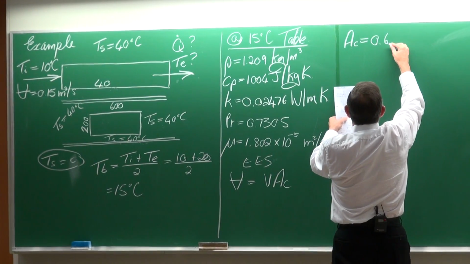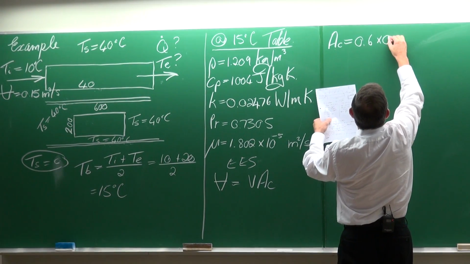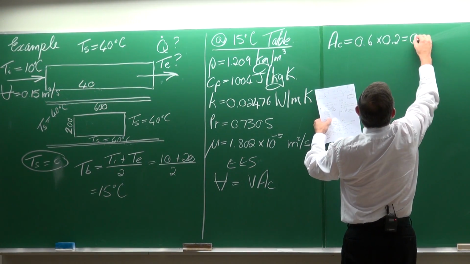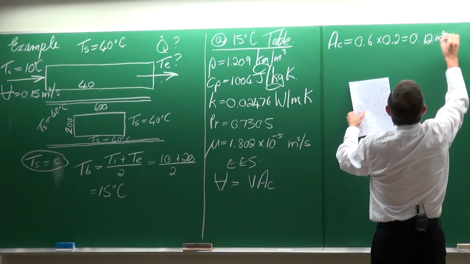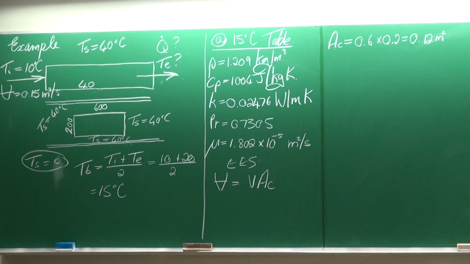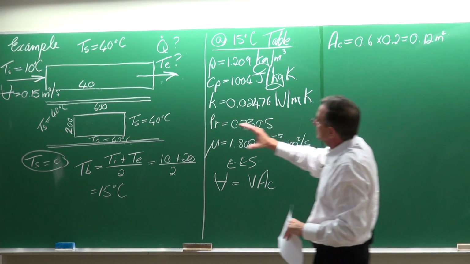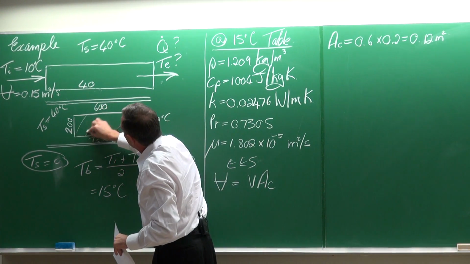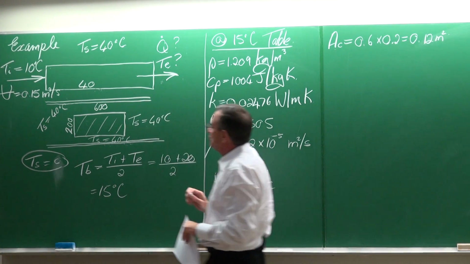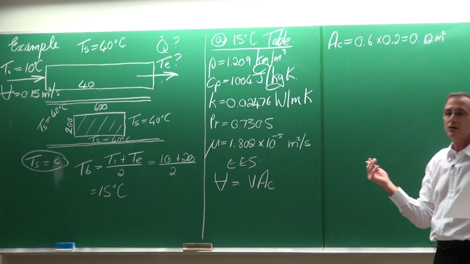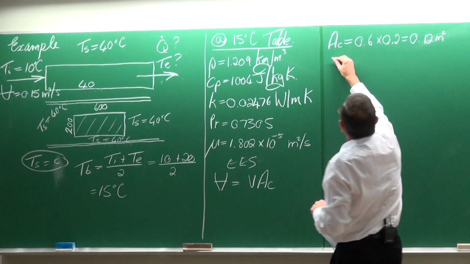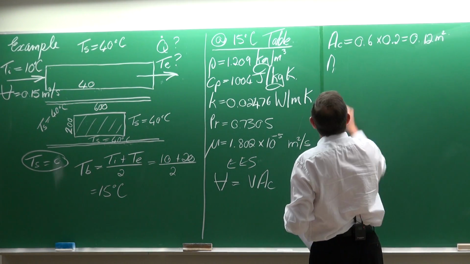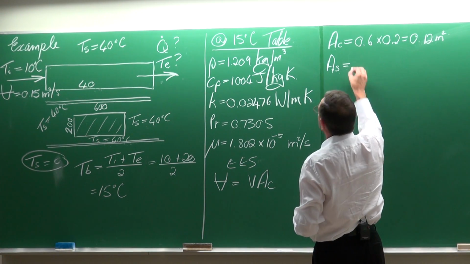The cross-sectional area is 0.6 multiplied by 0.2, which is equal to 0.12 square meters. The cross-sectional area through which the flow of the air goes through is 0.6 multiplied by 0.2, 600 millimeters by 200 millimeters.